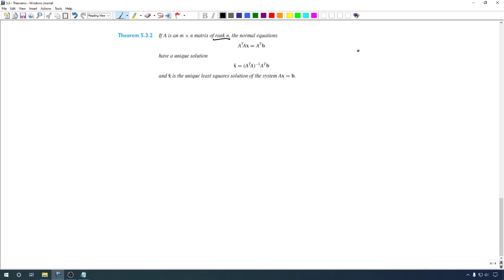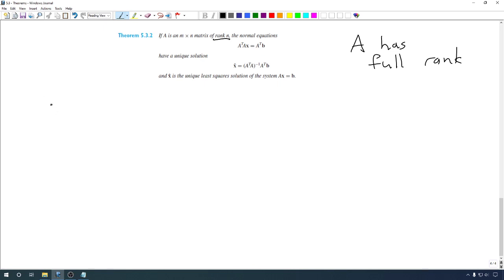We might say here that A has full rank. It's as big as it possibly can be. You'll frequently hear people say it has full rank, and so we can find a unique least squares solution. It's possible to have a least squares solution even if it's not full rank. We're just not guaranteed one.